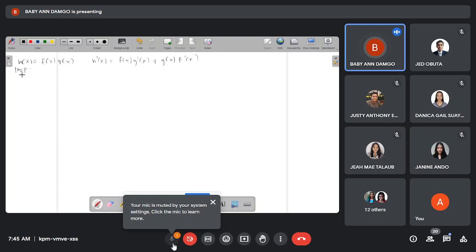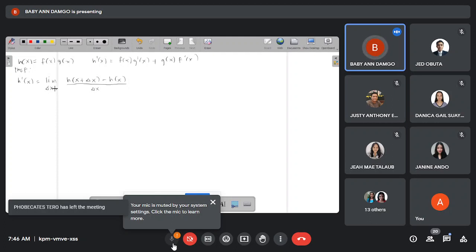Okay, so by the definition of the derivative, h prime of x is equal to the limit of h of x plus the change of x minus h of x, all over the change of x, as the change of x approaches 0. Okay.